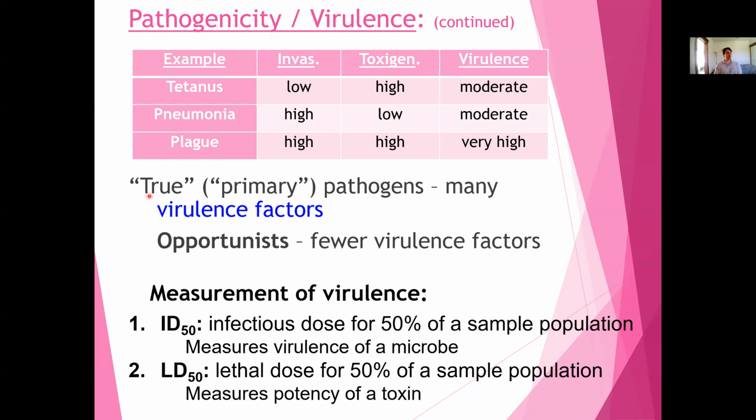So essentially, you get to the point where true or primary pathogens have many virulence factors. And these virulence factors are essentially molecules that are produced by pathogens, which can include bacteria, viruses, fungi, and protozoa, that contribute to the pathogenicity of the organism and enable them to achieve colonization of the niche of the host, immunoevasion, so evading the immune responses, immunosuppression, the inhibition of the immune responses, and entry or exit out of cells, in case the pathogen is actually intracellular.